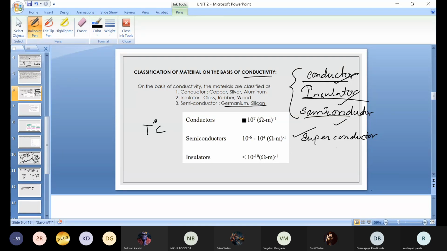These are the ranges of conductivity. Next class we will see how exactly these conductors, insulators and semiconductors are classified depending on their energy.